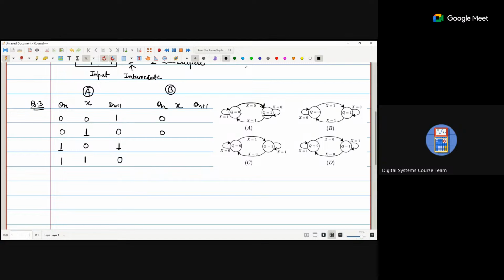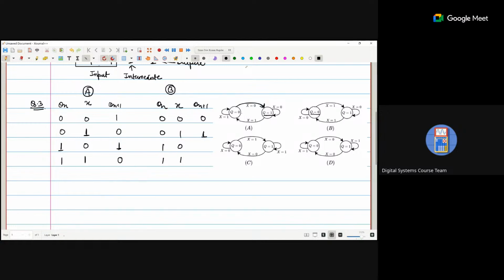Qn is 0 and Qn is 1. X is 0, 1, 0, 1. Now check, present state is 0. Okay, if we apply a 0 x, so again the next state is 0. Next state is 0. If present state is 0, if we apply input as a 1, next state is the 1.